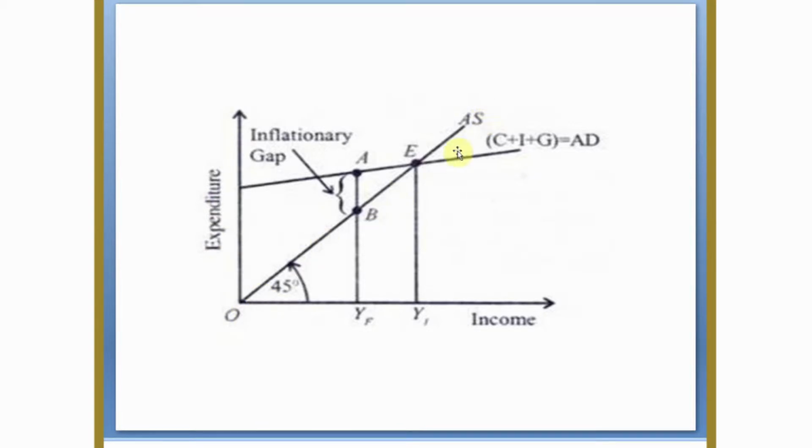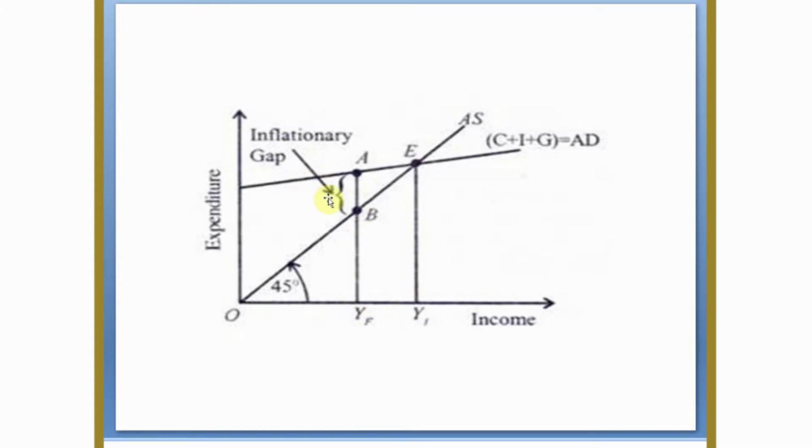The curve drawn at a 45-degree angle from the origin implies aggregate supply, and the curve drawn from the vertical axis is aggregate demand, that is C plus I plus G. Here C means consumption expenditure, I means investment expenditure, and G means governmental expenditure. Altogether it becomes aggregate demand.